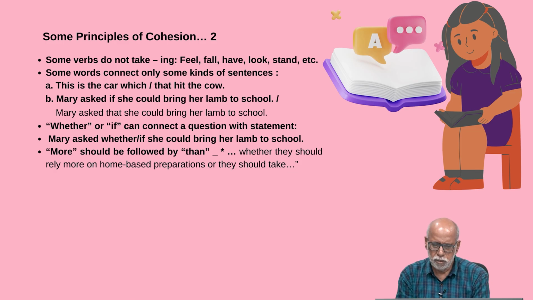That and which are good connectors for two parts of observation sentences. You can say this is the car which hit the cow. You can also say this is the car that hit the cow. But you cannot say Mary asked that she could bring her lamb to school.